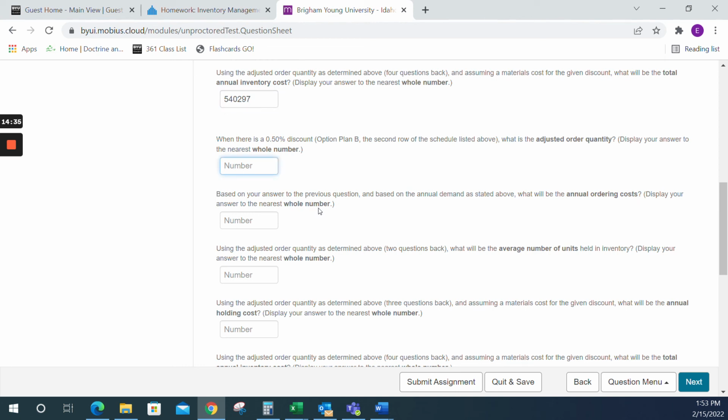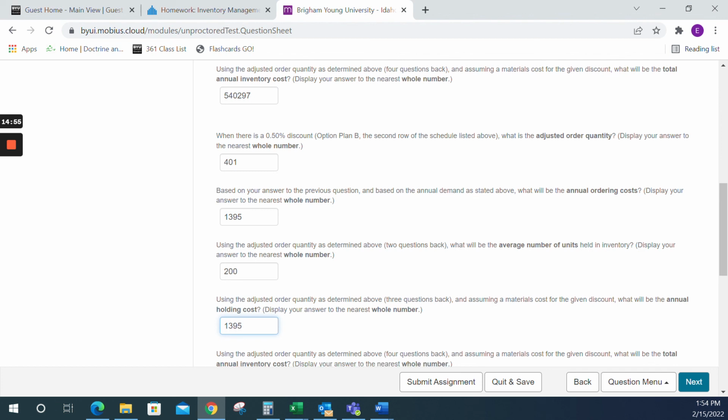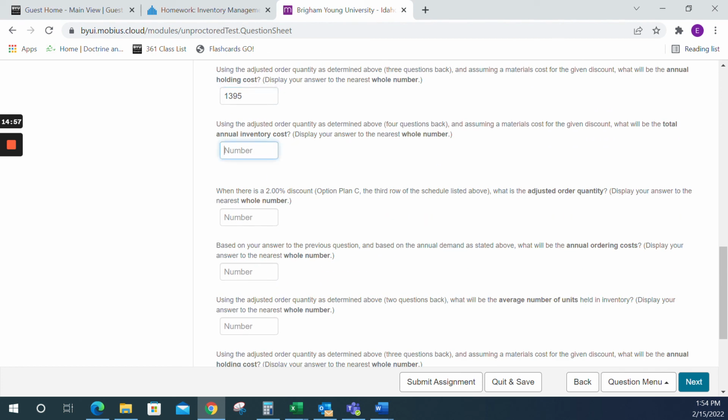When I get the 50% discount, what would I be? My order quantity would be 401. Annual ordering costs, 1395. Adjusted inventory, if I'm rounding it, it's still just 200. Holding cost, 1395. Total inventory cost, 537,603.